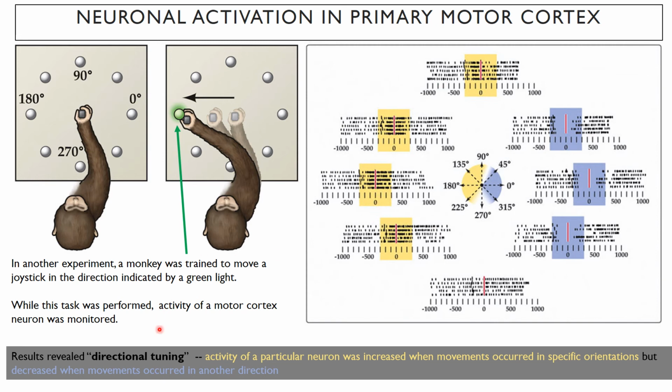So this is a directionally tuned neuron, and we find that many of the neurons within the motor cortex have this kind of directional tuning or specificity of activity. It's a voluntary movement, but movements can always go in one direction or the other, and they seem to have this opposite pairing that occurs.